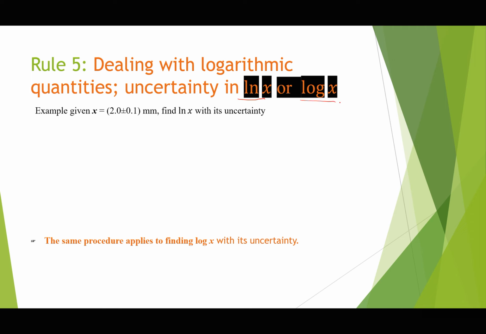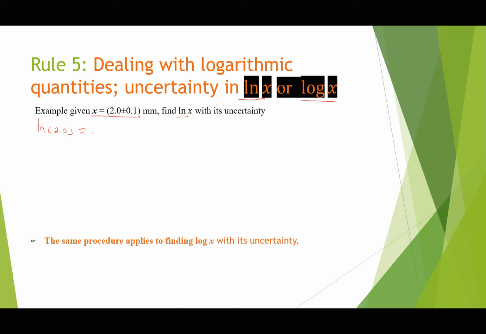So let's begin. We are given an example, x as 2.0 plus or minus 0.1 in millimeters, and we want to find ln x with its uncertainty. Finding ln is very easy. One, you can find the ln of the best value, which is ln of 2.0.